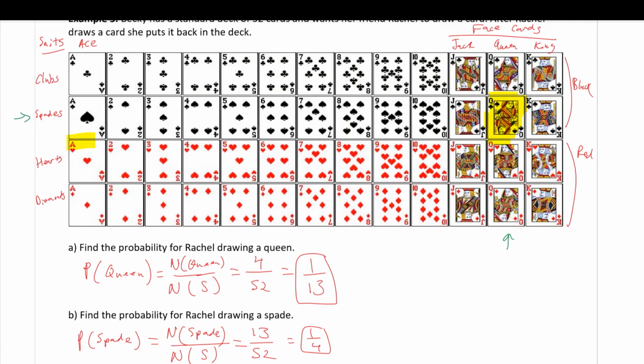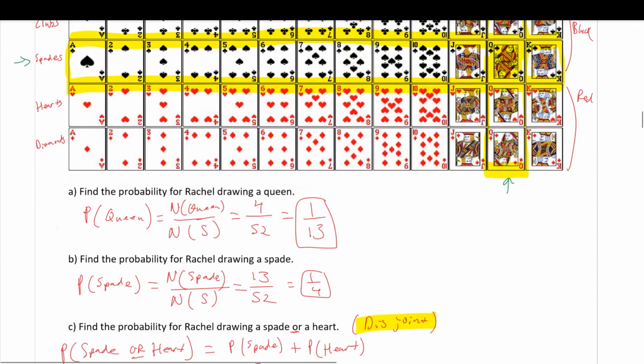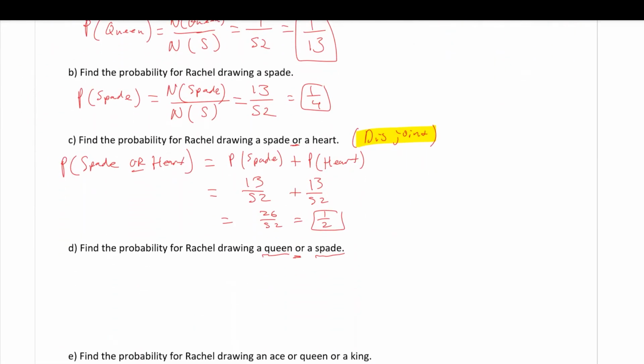So we're going to have all the spades, all the queens, and they have 1 in common. Okay, they have 1 card in common. That's their intersection. So what we don't want to do is double count that. That means we have to use the general addition rule. So this is not disjoint.